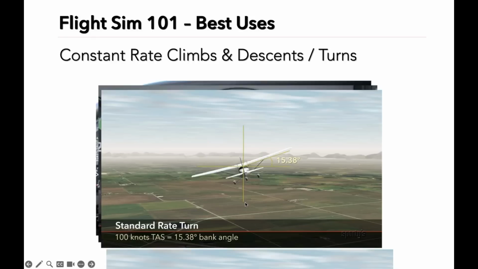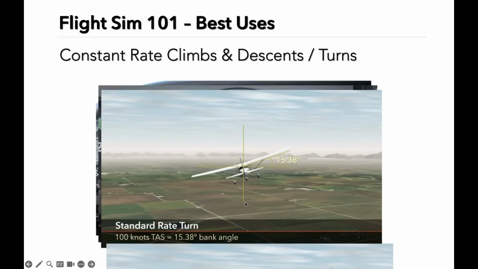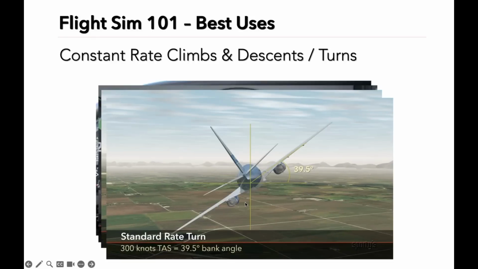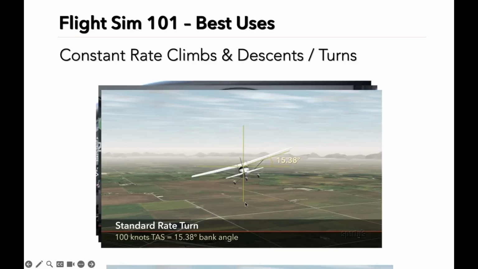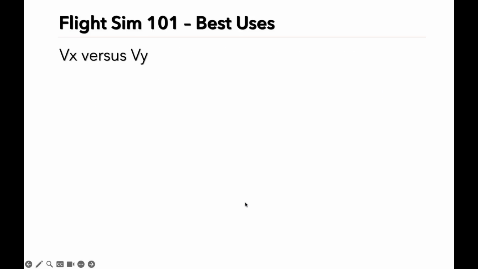In a Cessna 172 at 100 knots, you'll see it's about a 15-degree bank angle. And then I can jump in a larger aircraft, triple our speed to 300 knots, and it's going to be a 39.5-degree bank angle to hit that standard rate. That's one of those things that it was tough for me to understand on paper, but once I jumped in the aircraft or the digital aircraft, I could go test it out. It was really helpful.